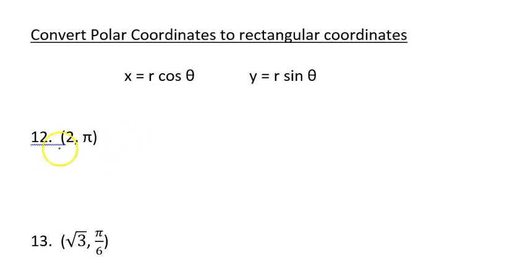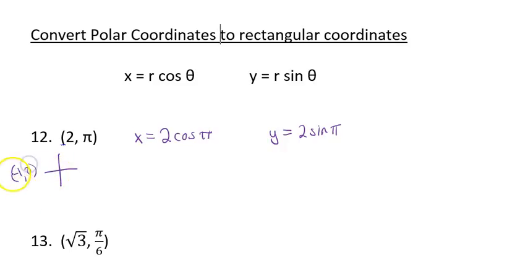And so if I want to convert this polar coordinate with a radius of 2 and a theta of pi, I just need to plug in. My x value is going to be 2 times the cosine of pi. My y value is going to be 2 times the sine of pi, and that's where knowing your unit circle comes into play. So since on my unit circle at pi, the point is (-1, 0), my cosine is -1.